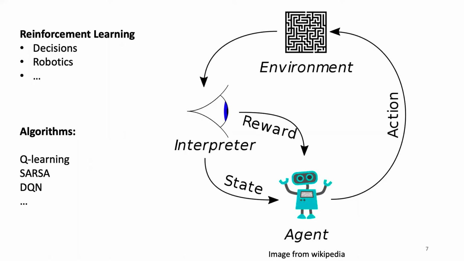Another difference is that in supervised learning, you have your training data, but when you look at the reinforcement learning loop, there's no training data. It's actually generating the data itself and training on the generated data.